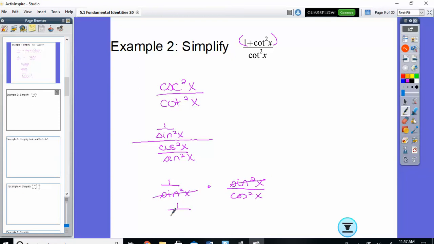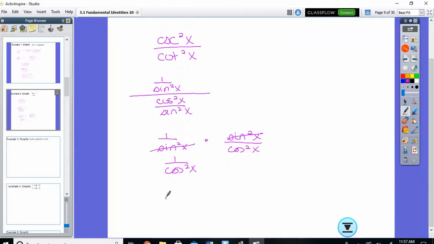So then you have 1 over cosine squared x, and 1 over cosine is? Secant squared x. Again, this is not the place to skip steps. Your steps are your answer.